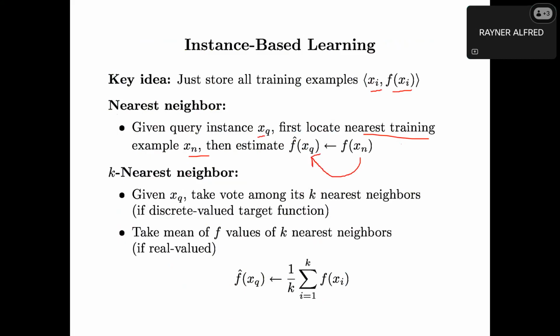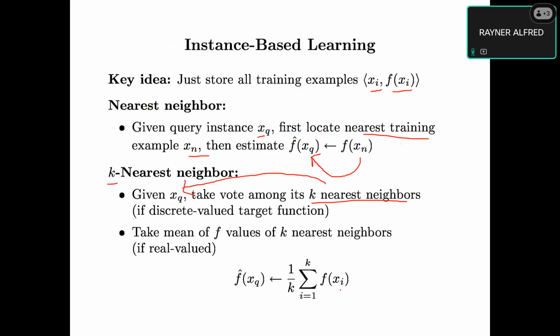Okay, so if we say k equals a certain value, we will take the vote among the k nearest neighbors, and then we will assign the label that has the majority number to the new instance here.